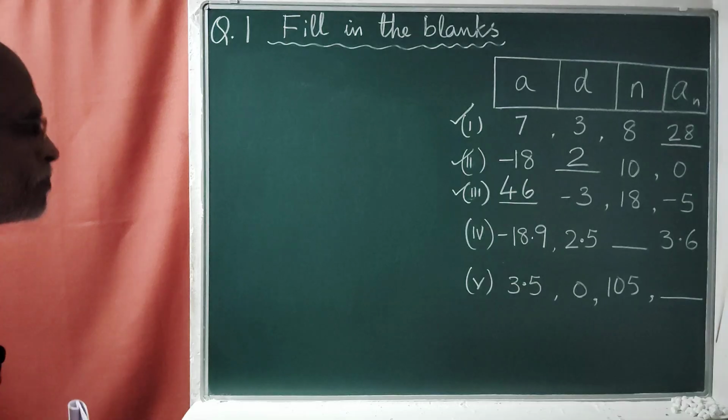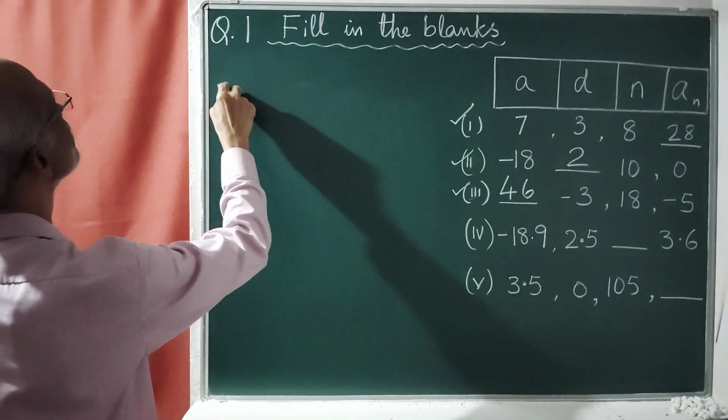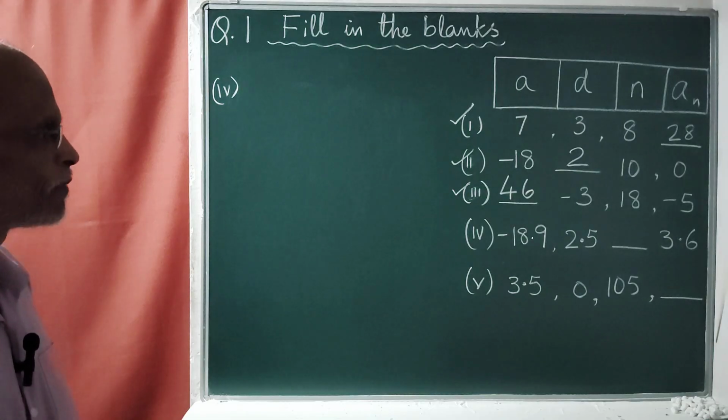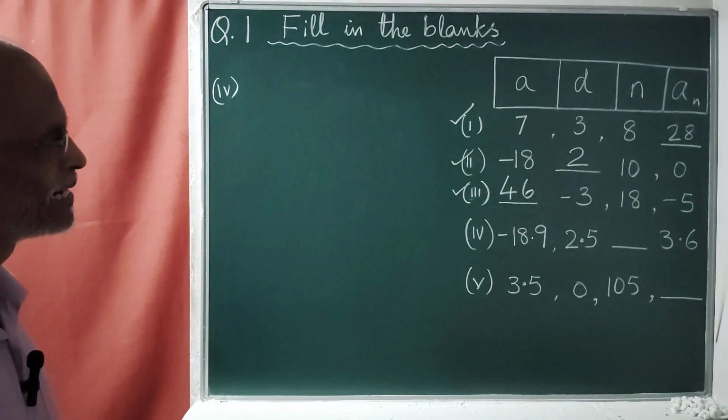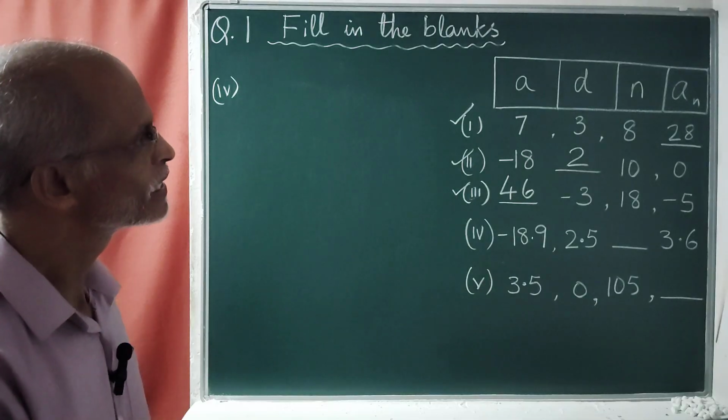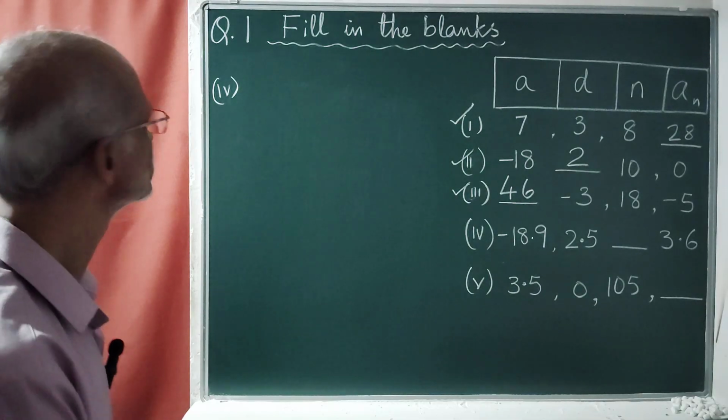Coming to the fourth sum. In the fourth sum, A is minus 18.9, D is 2.5, N we need to find. AN is 3.6.